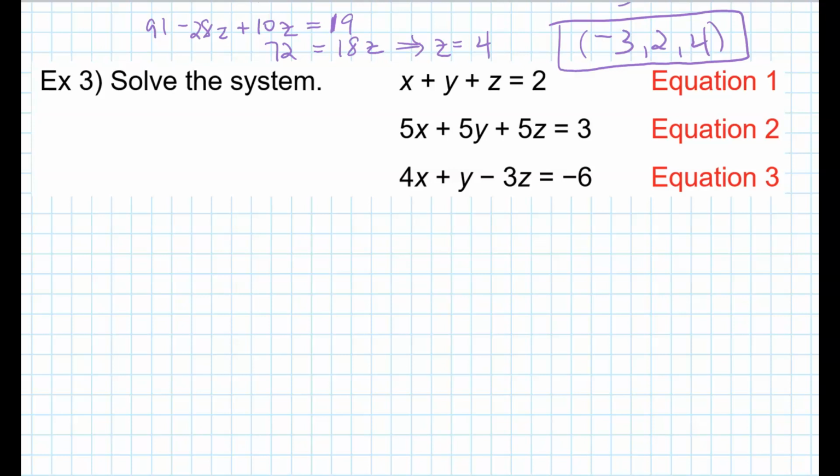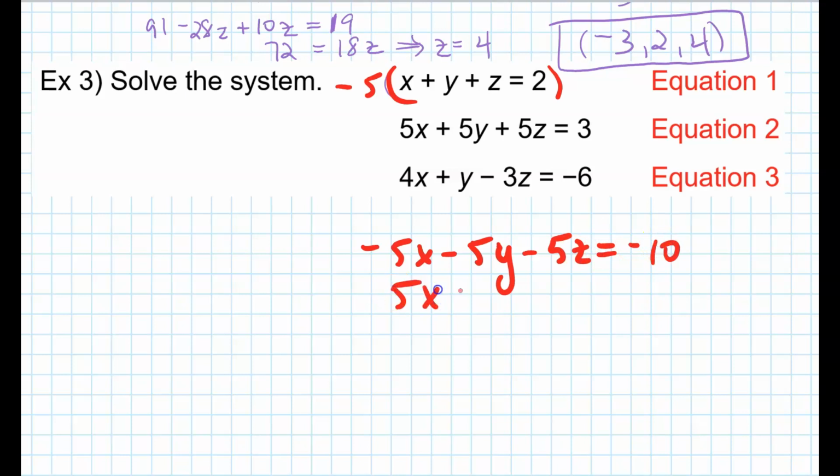just to find out what's going on with this one. There's no solution because 2 doesn't equal 3. If you multiply all of equation 1 by negative 5, you end up getting negative 5x minus 5y minus 5z equals negative 10.